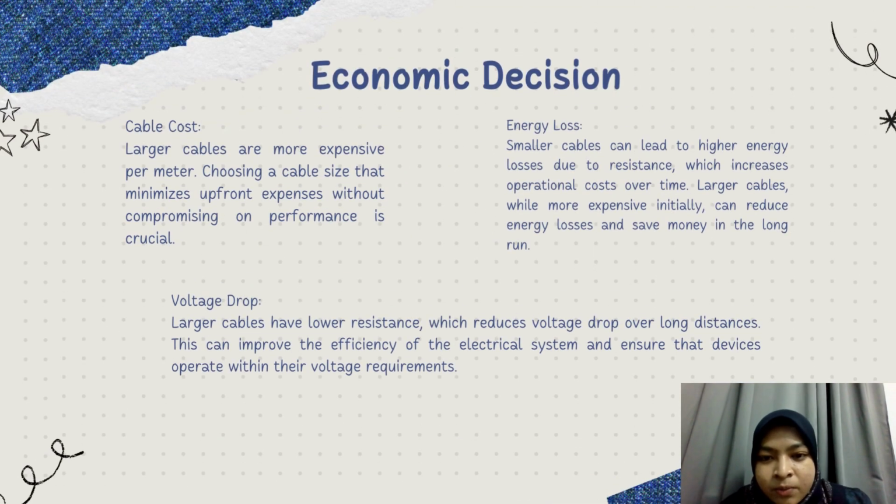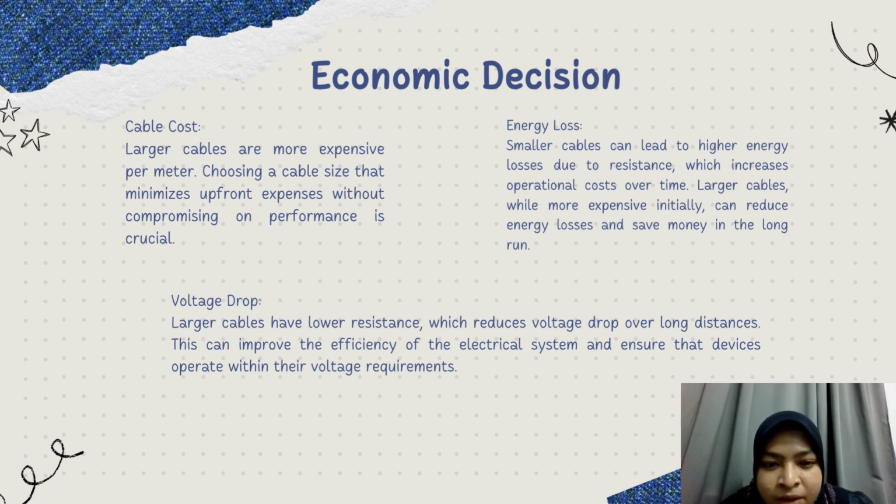Next is the economic decision. Larger cables are more expensive per meter, so choosing a cable size that minimizes upfront cost without compromising on performance is crucial. Energy losses: smaller cables can lead to higher energy losses due to resistance, which increases operational costs over time.